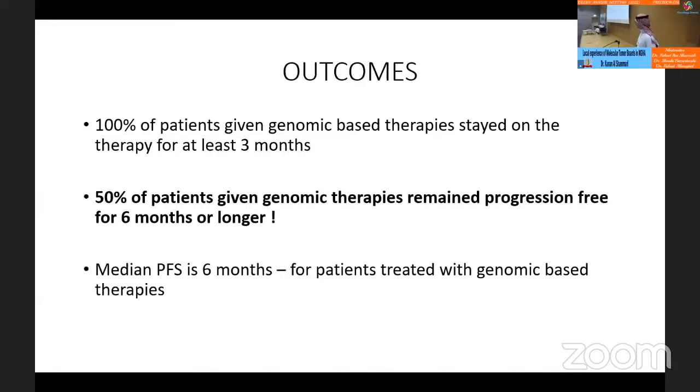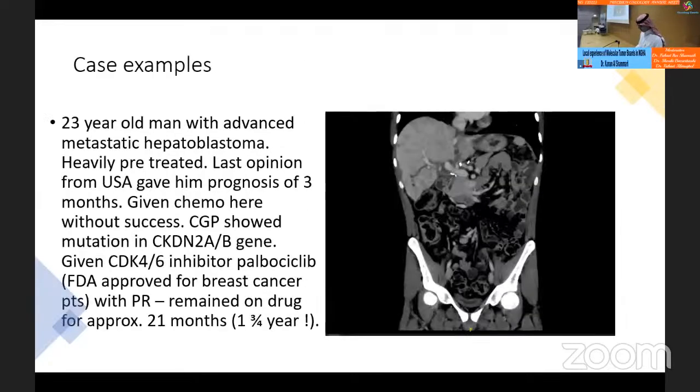Their median progression-free survival, I can proudly say, is actually 6 months. So this is what precision oncology is all about, and this is what touches patients, and this is what impacts patient journey and patient care.